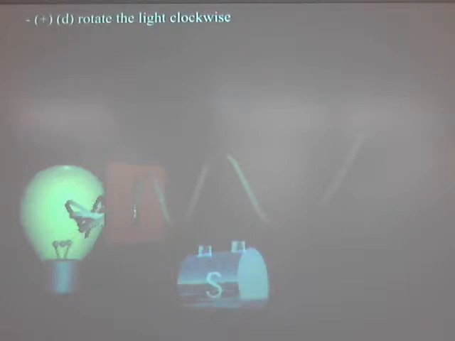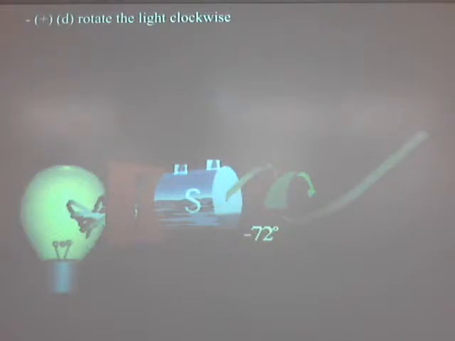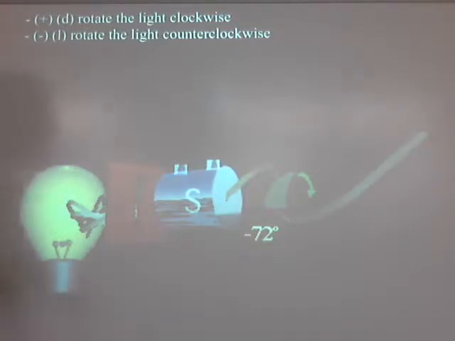R and S are the configurations we're going to use, but they aren't necessarily related to rotating the light clockwise or counterclockwise. D or plus does talk about specifically which way the light is being rotated. If you call it L or negative, it rotates the light counterclockwise. Sometimes the two correspond, sometimes they don't.